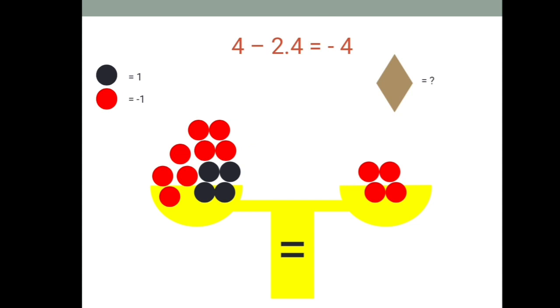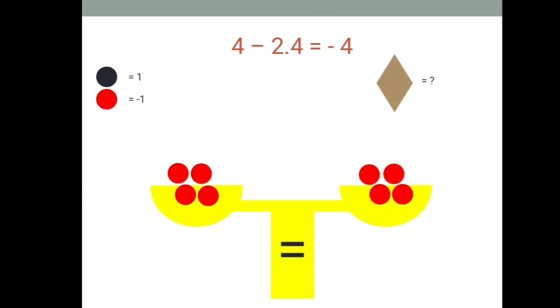If we add 4 black balls plus 4 red balls, it is equal to 0. So like this, the representation becomes like this. Do you understand, children?